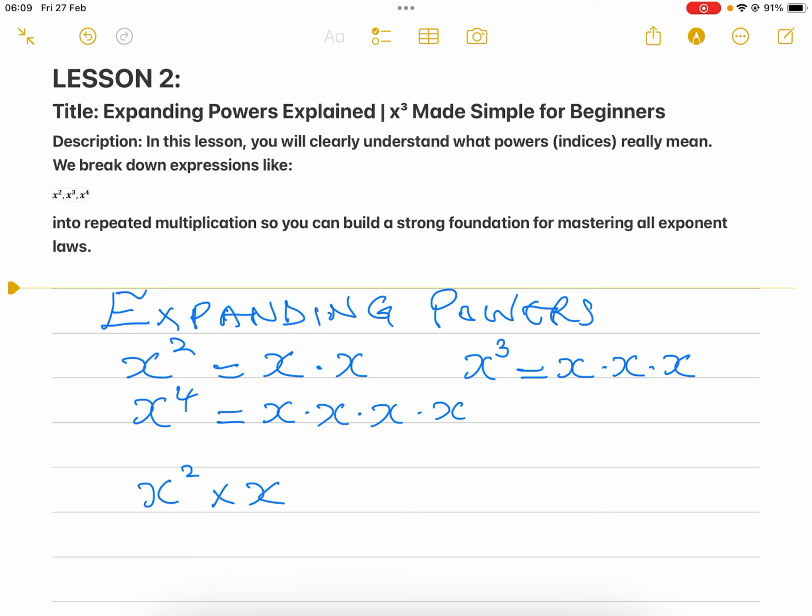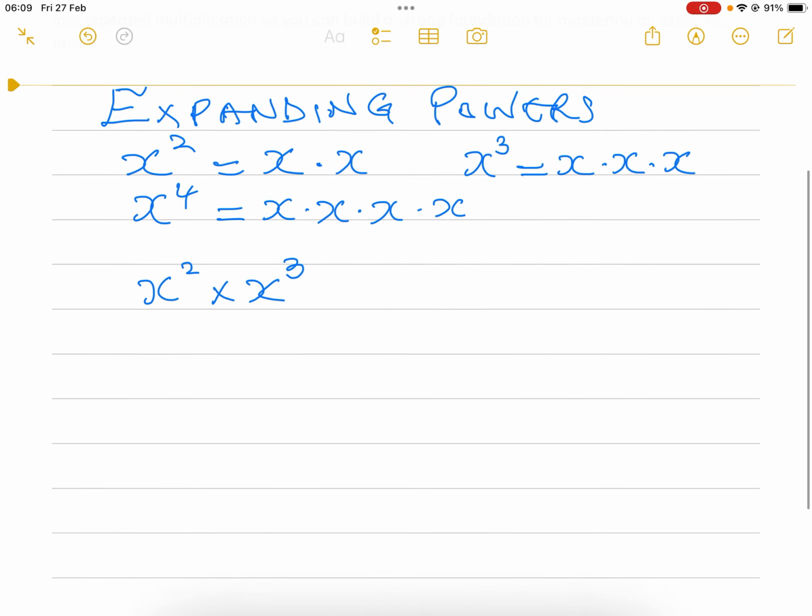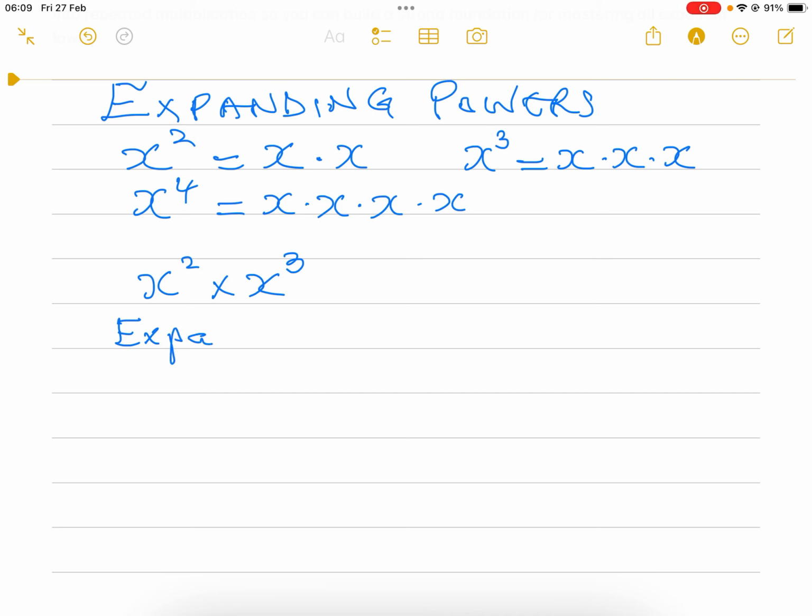What does this really mean? x raised to power 2 multiplied by x raised to power 3. Let's expand both.